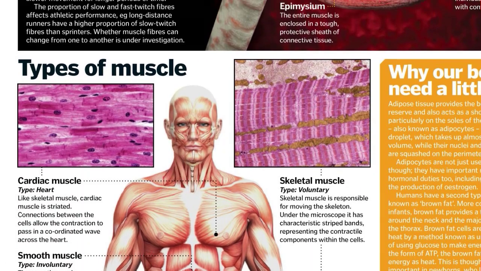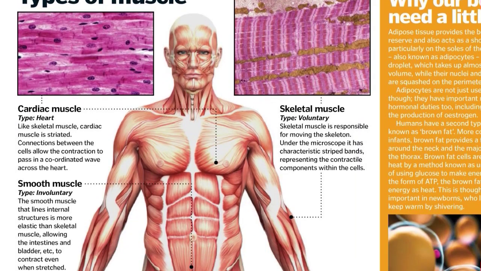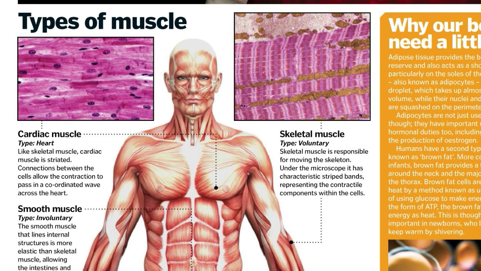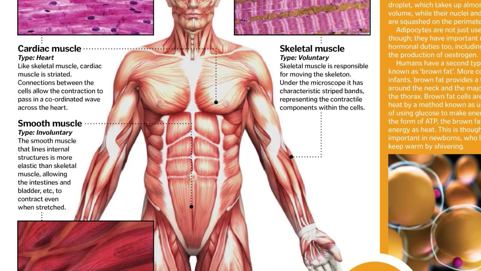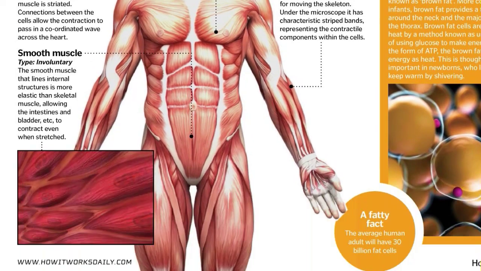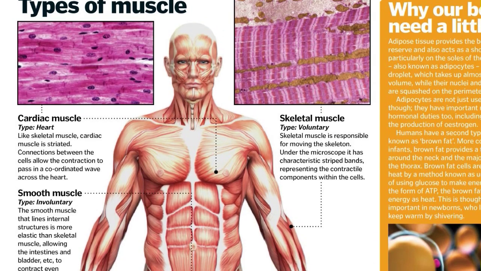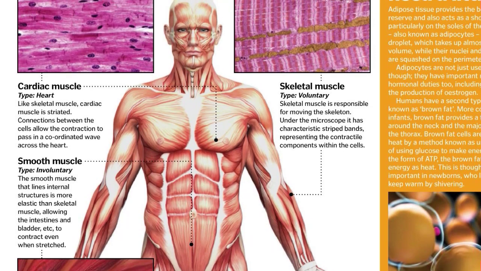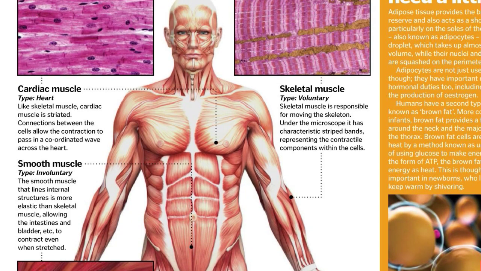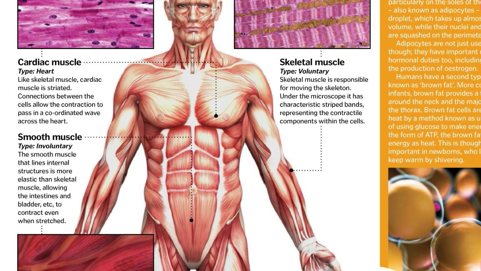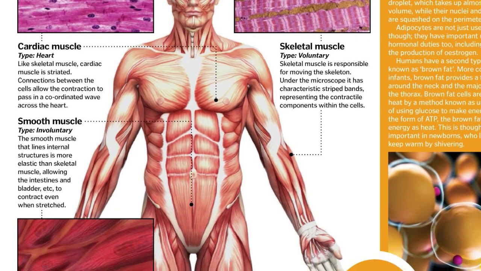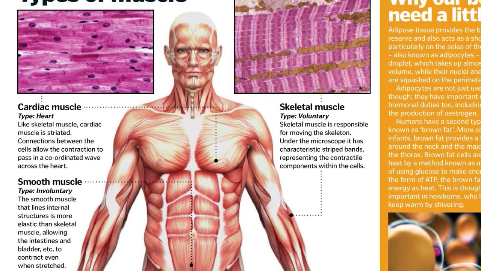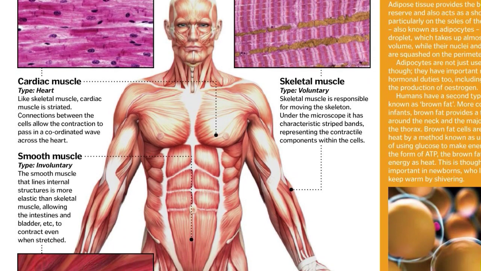So let's discuss types of muscles. The muscles are many. Let's classify them as cardiac muscle, smooth muscle, and skeletal muscle. So in cardiac muscle, as you see here, this is in the heart, right? Like skeletal muscle, cardiac muscle has straight connections between the cells that allow the contractions to pass in a coordinated wave across the heart.